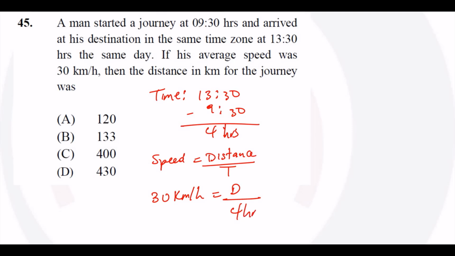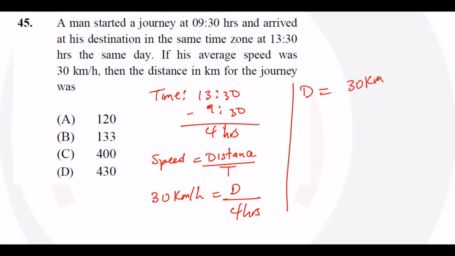So to find the distance, we're going to do 30 kilometers per hour multiplied by 4 hours. Now let me just rewrite this another way just to show something to anybody watching here, whether you're a student or not a student.